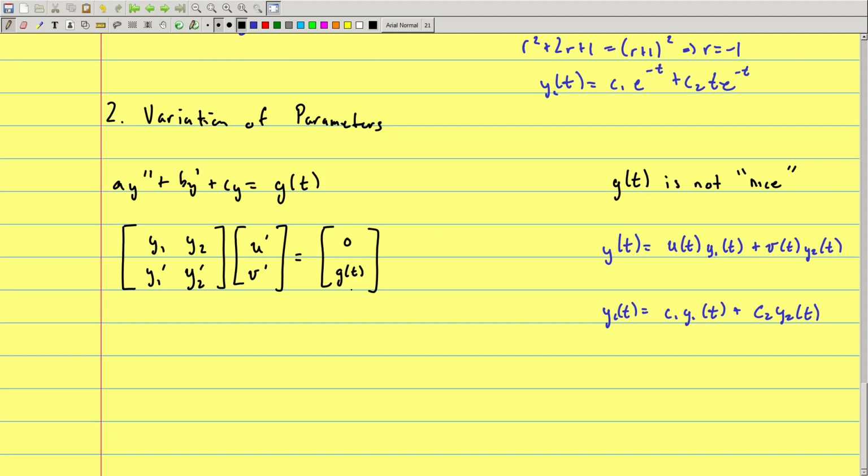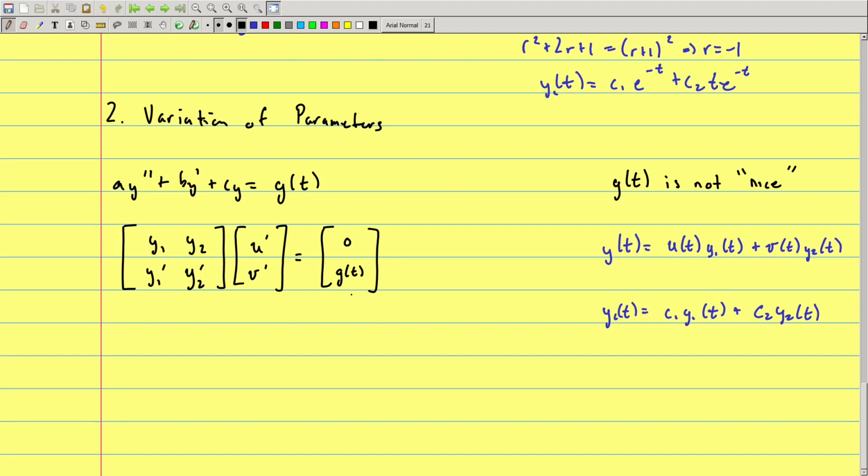And your book does not write this method this way. It presents the formula for variation of parameters, in my opinion, in a kind of confusing way, not taking advantage of the Cramer's rule way that we've set things up here.